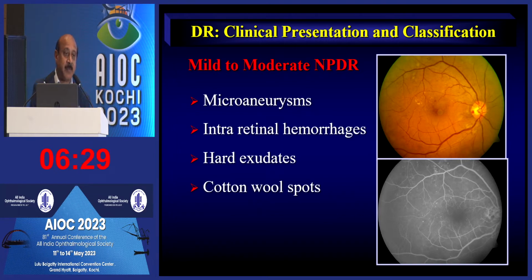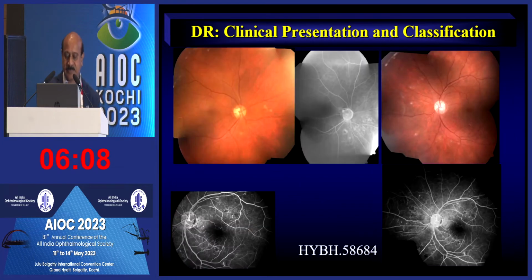The number of intraretinal hemorrhages is again a very important aspect. The hard exudate formation shows that there is some kind of leaking activity which can happen with diabetic retinopathy. And cotton wool spots, though not given so much importance, indicate localized areas of capillary non-perfusion.